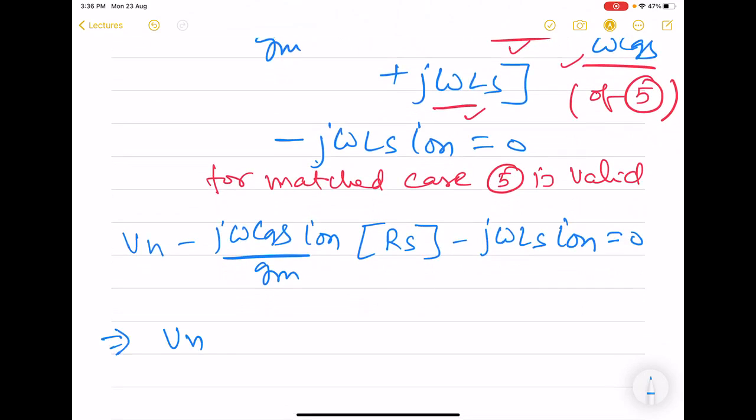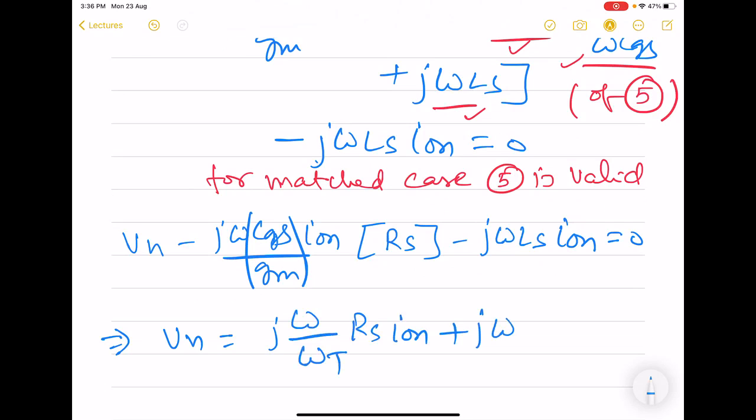So Vn is equal to, and here we see that CGS by gm is equal to 1 by omega T. So this becomes omega by omega T Rs ION plus j omega Ls ION.